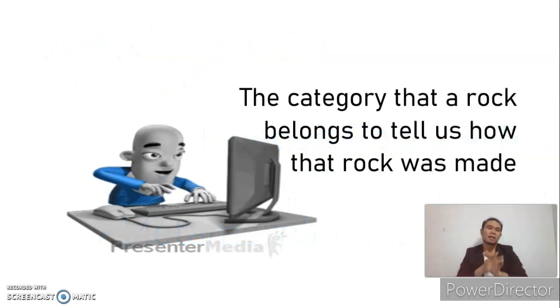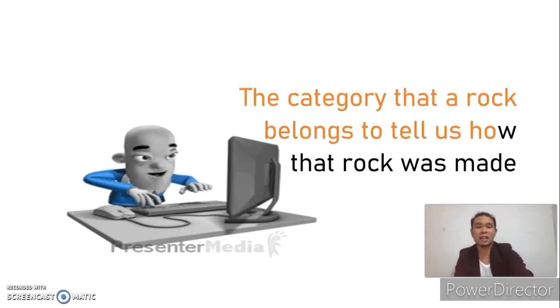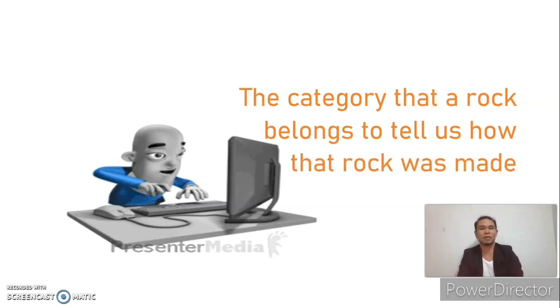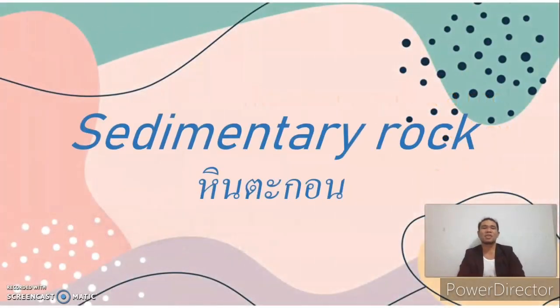So now, the category a rock belongs to tells us how that rock was made. So, the first one is sedimentary rock. Again, can you say it again? Sedimentary rock.